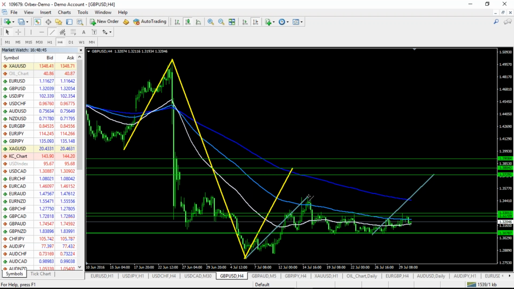I'm expecting it to break out. Then I would like to know the approximate entry point. So I cross it, convert it into a geometric pattern, and that's again marking an area that is quite close to where it could ideally break out from.